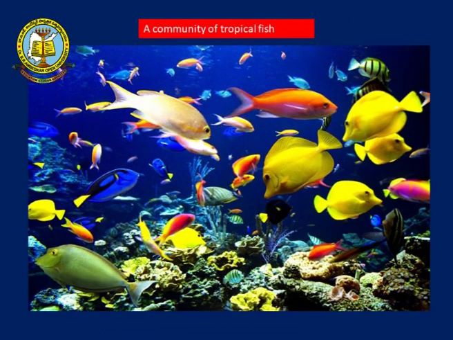If you can see the picture, this is an ocean ecosystem where you can find different types of fishes along with the plants, algae, present in the picture. So, this is a community of tropical fishes. This is called a community structure where they are interacting within the ecosystem.